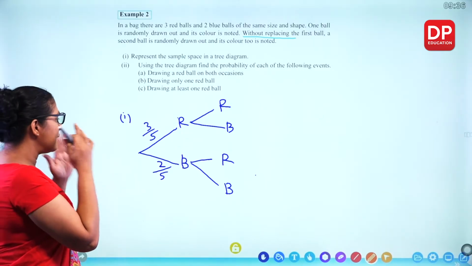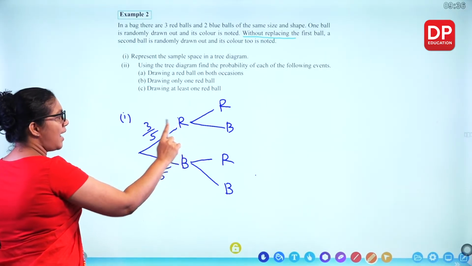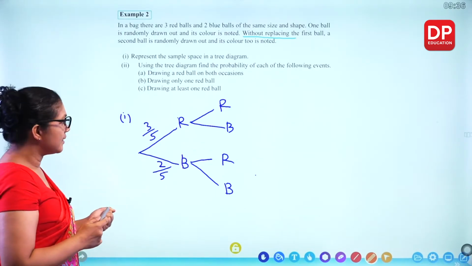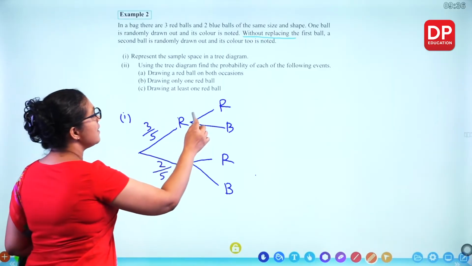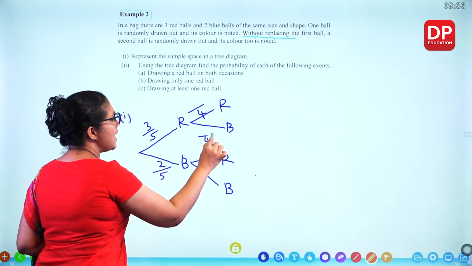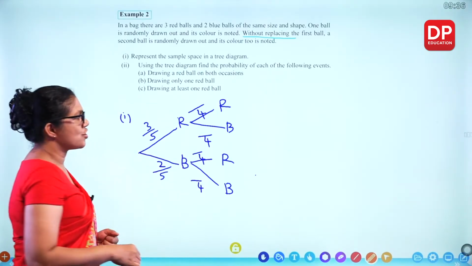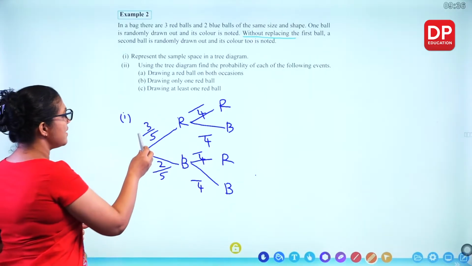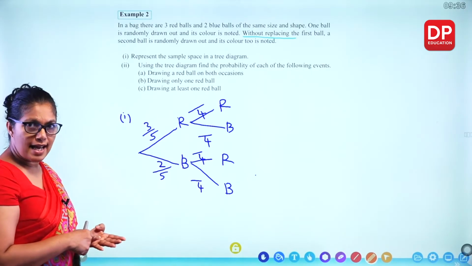Look carefully. If you take a red one and don't put it back, altogether how many are there? Now there are 4. So the denominator becomes 4 for the second branch. Always 1 less than that. Now the red one is already taken.